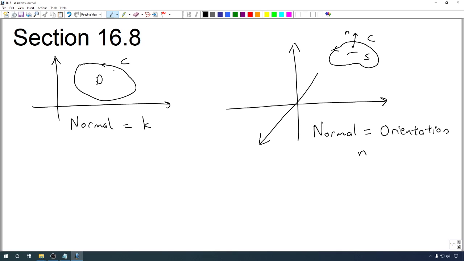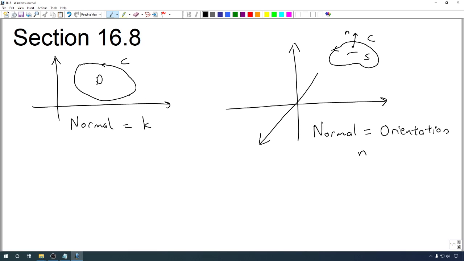Basically, we're imagining a person walking along that curve, and D would always be to our left. When we're talking about a surface, we have to have a direction that we are facing, so we have to have a direction for our head. If our head is in the direction of the normal vector n, and we're walking along the boundary, now the surface is going to always be to our left.